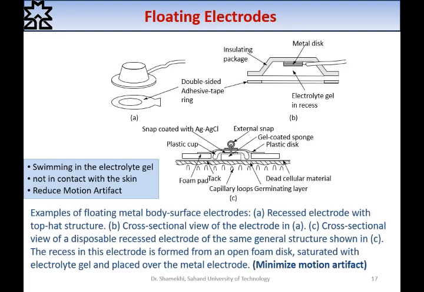The next type of the electrode is the floating electrode. A floating electrode is a good tool to overcome the motion artifact problem. As you can see, we have a cup here, a double-sided adhesive here, one side to connect to the cup, and the other side of this double-sided adhesive is to connect to the skin.